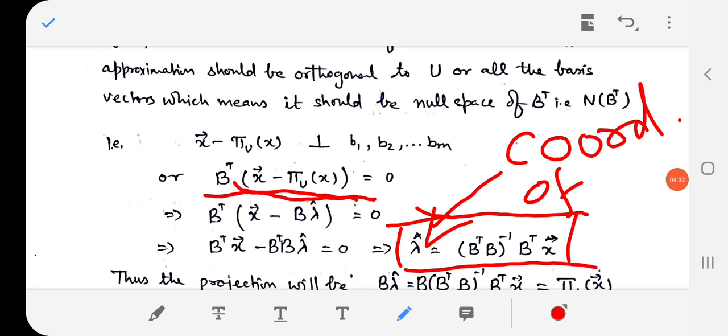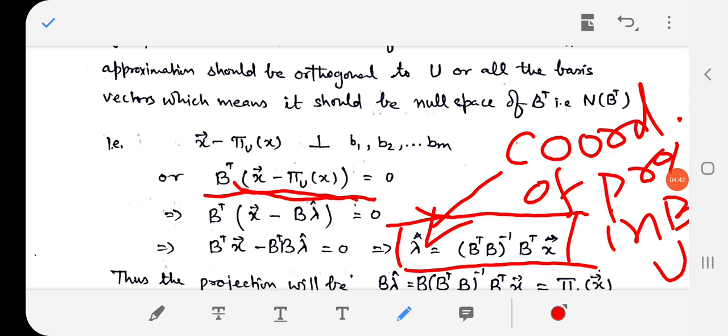So lambda hat actually gives the coordinates of the projection in U, the subspace. So you get the coordinates of the projection in the subspace by this particular formula.